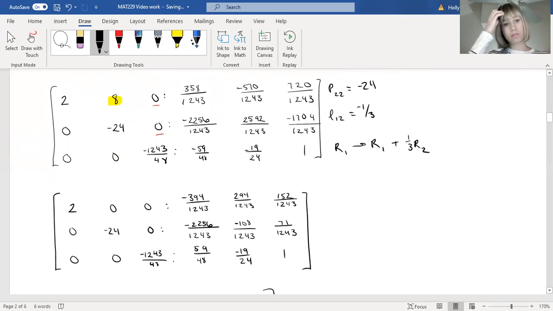And notice those diagonal values are our pivots. Those pivots did not change at all while we were doing our row operations. So a note to yourself is if those pivot values do change, you've done something wrong.